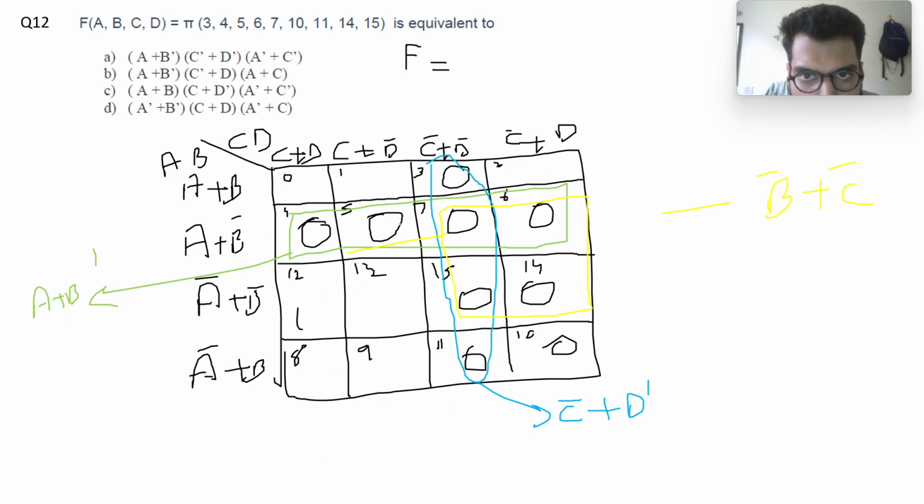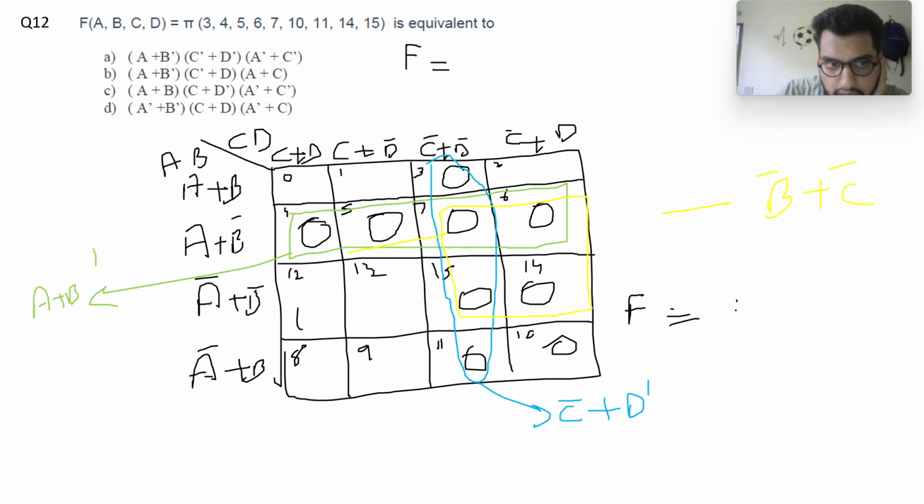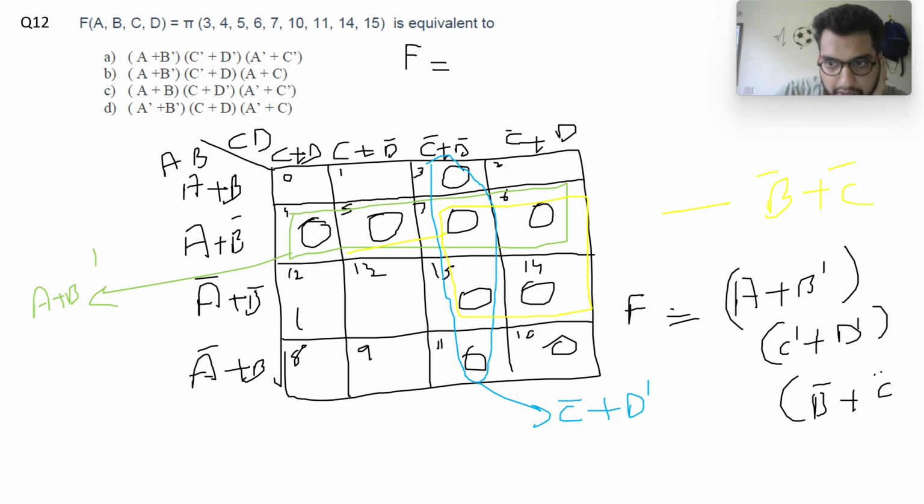This is B bar plus C bar. Okay, so what I got here is A plus B bar, C bar plus D bar, and then B bar plus C bar. See, these two options are present in A plus B bar, C bar plus D bar, but the option B bar plus C bar is not present in any other option.